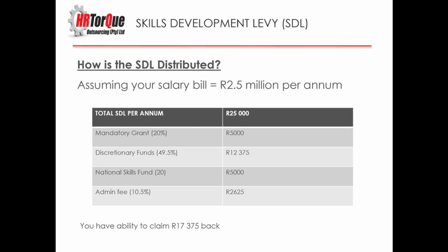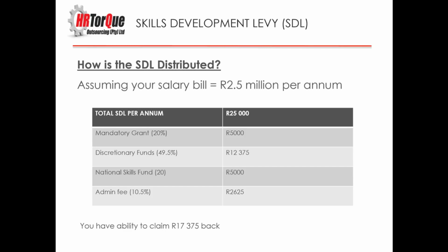What happened is they found that people were just submitting the report, but not necessarily providing people with training and development and skills that were going to assist them in the long run. So people would do things like, as an example, time management. They weren't really investing in their employees. They were just doing training, or at least saying that they were doing training, so they could get 50% of the mandatory grant back, and they weren't really using it for training.